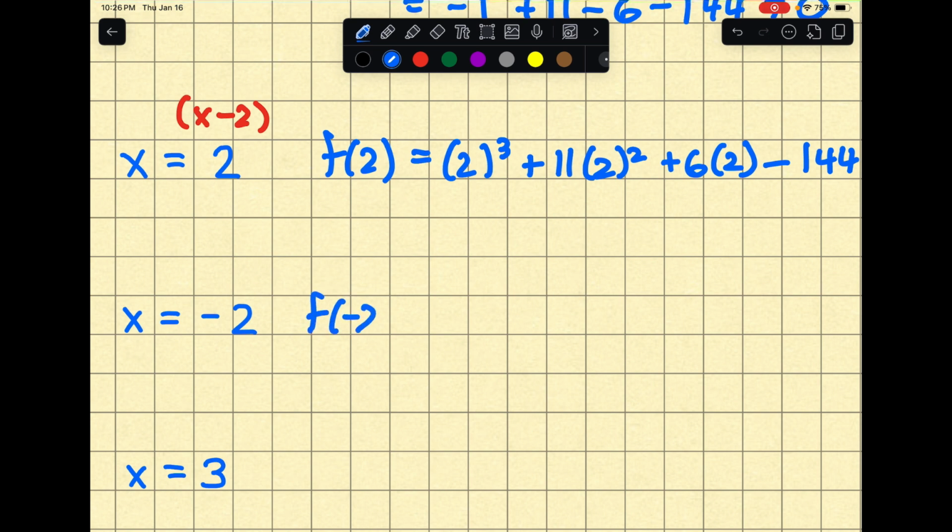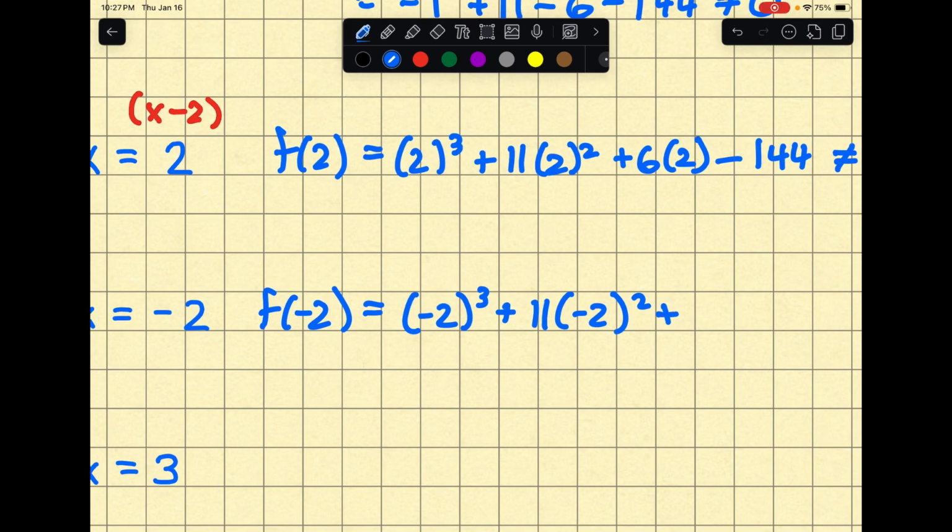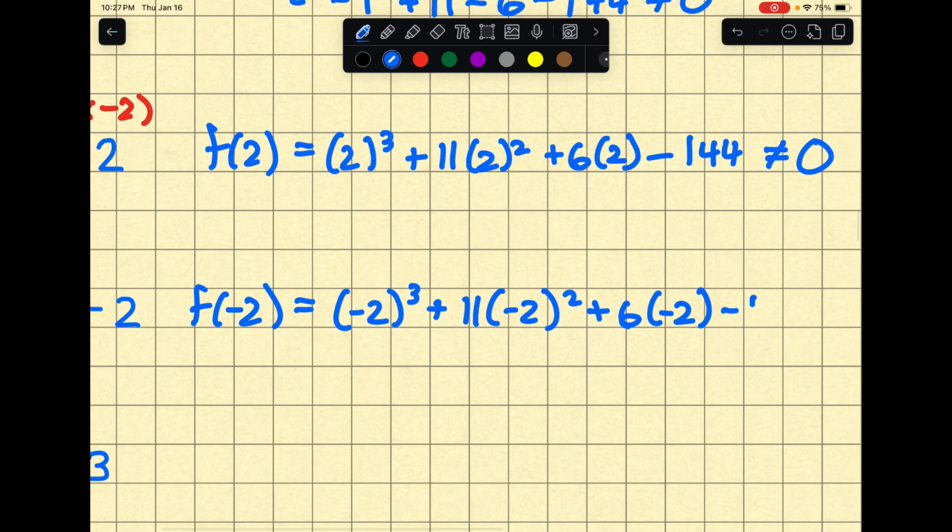So f of negative 2 is equal to negative 2 cubed plus 11 times negative 2 squared plus 6 times negative 2 minus 144. Negative 2 cubed is negative 8, plus 11 times negative 2 squared.